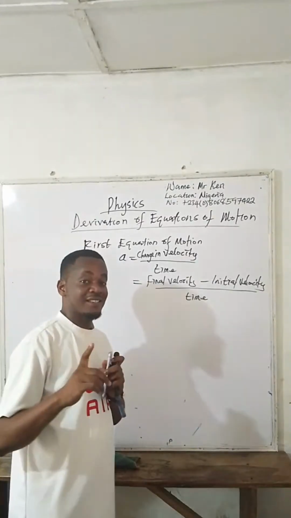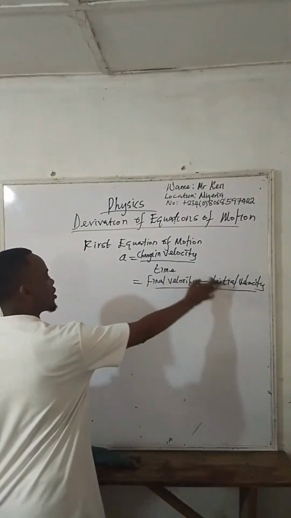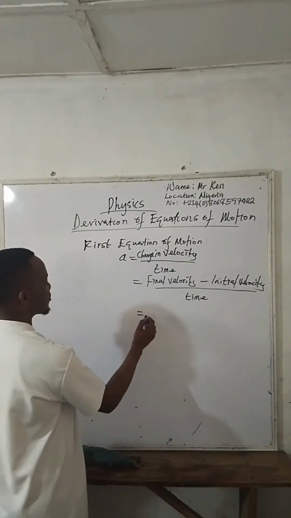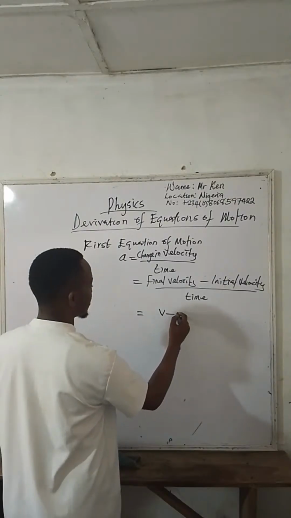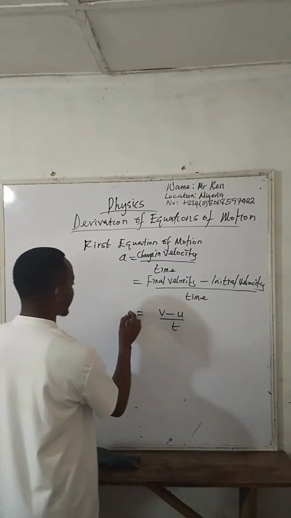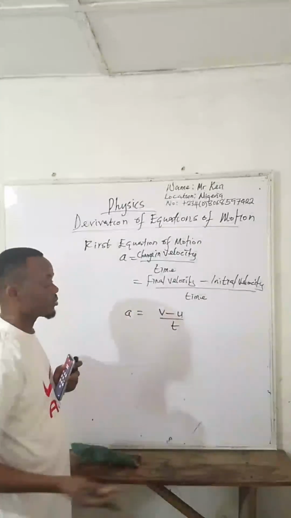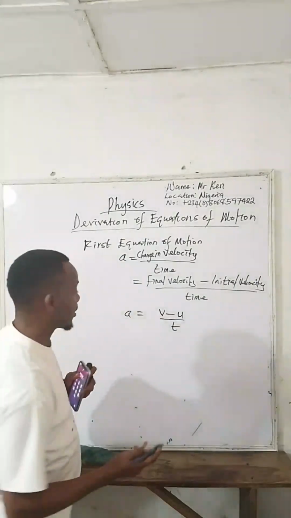So I will change this to final velocity v minus initial velocity u over time. That is our acceleration. So what I will do is make v the subject of the formula.